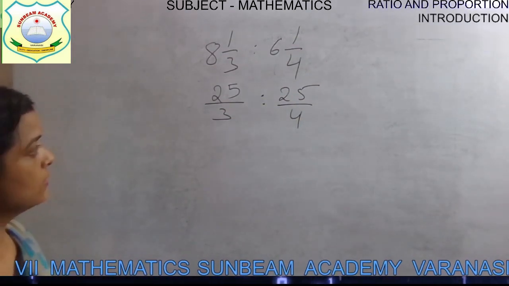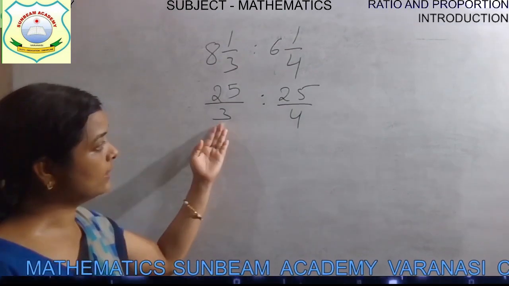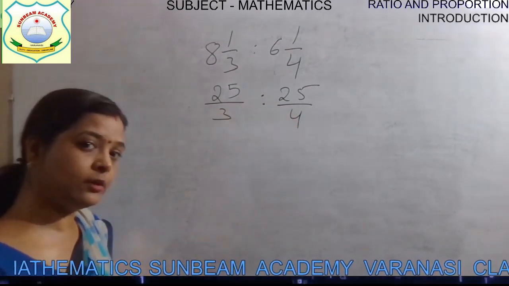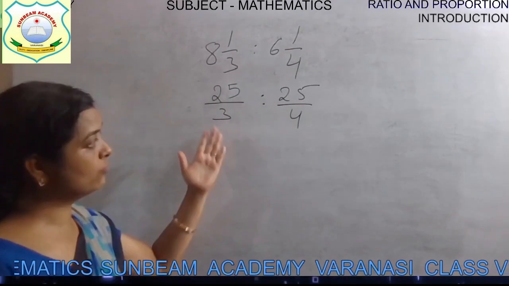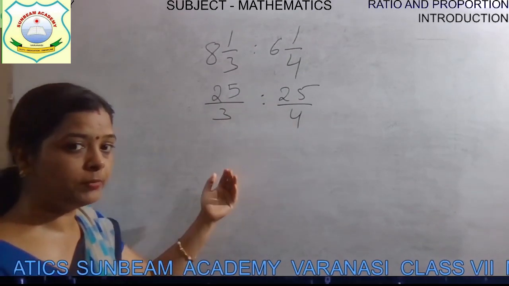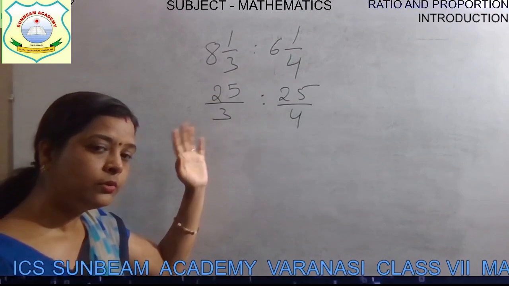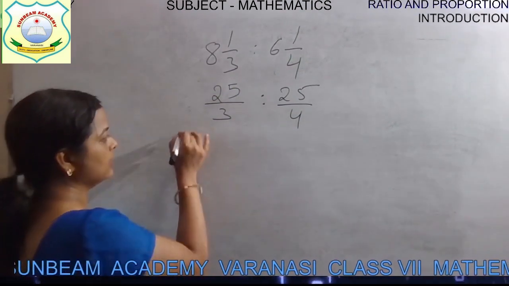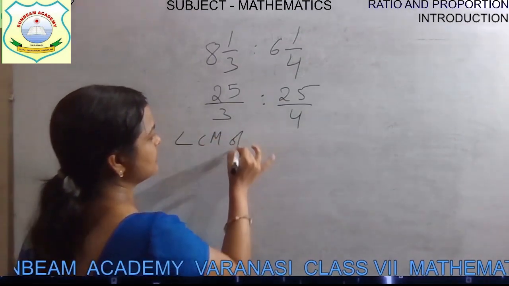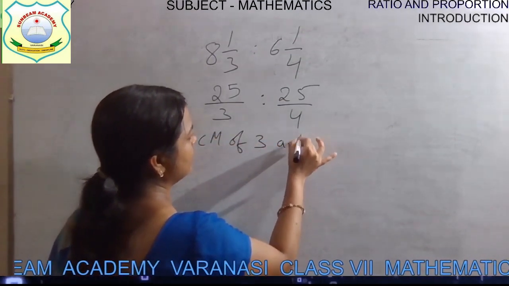After doing this, what can we solve? We can see that in this ratio there are some denominators. So what will be our next task? If you see that in a ratio there are some denominators, just try to cancel them out. How can we do it? By taking the LCM. LCM of 3 and 4.